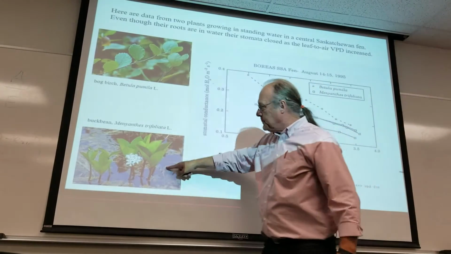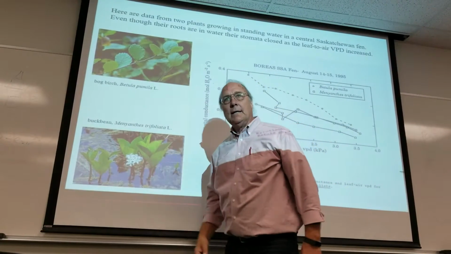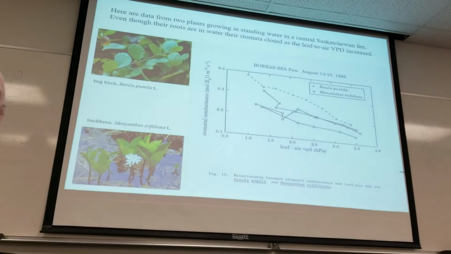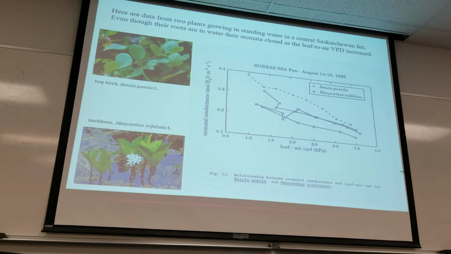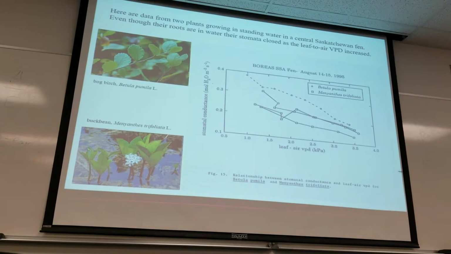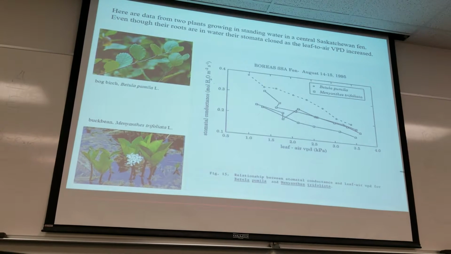Even though both of these plants are growing in standing water. They have plenty of water around. They just can't supply the water to the leaf from the root system fast enough to keep up with the rate at which the dry atmosphere is pulling water out of the top.